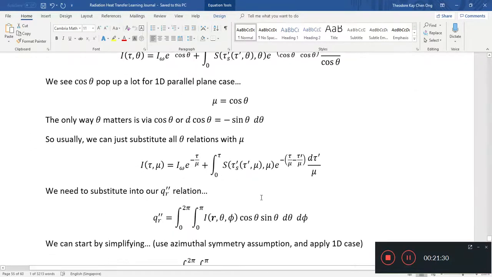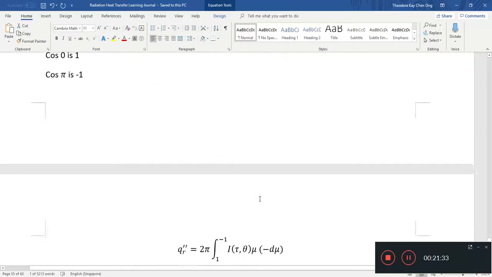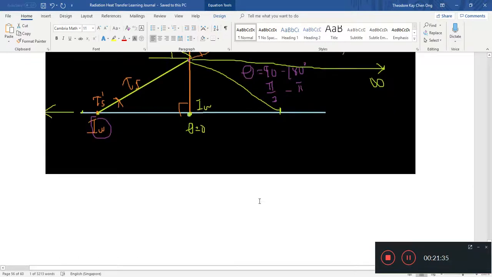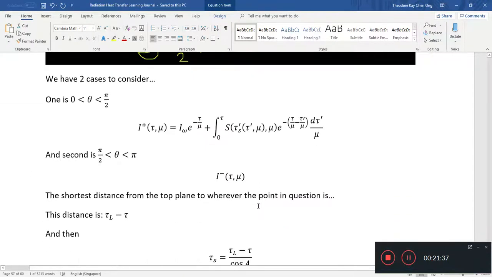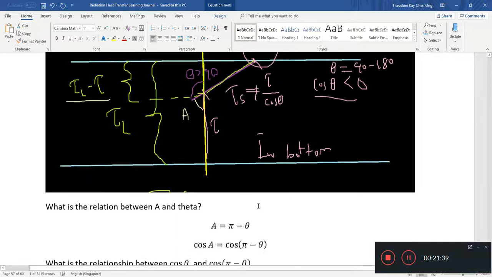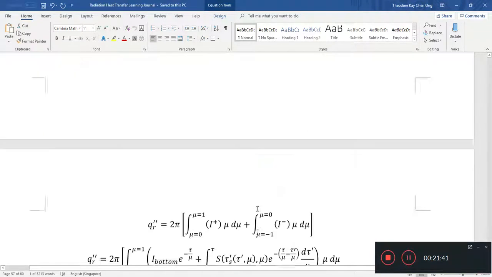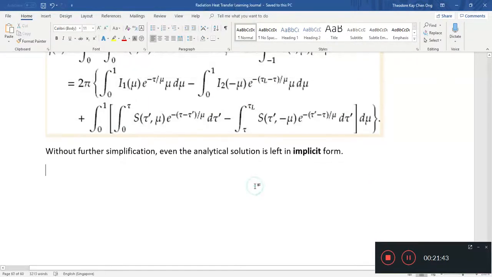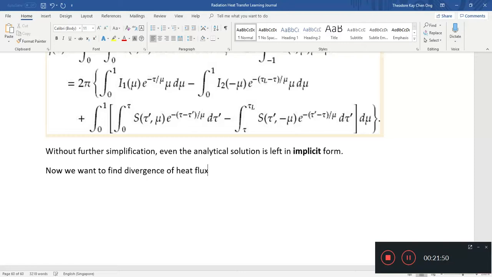I think we have not quite derived it yet. Okay, now we want to find the divergence of heat flux.